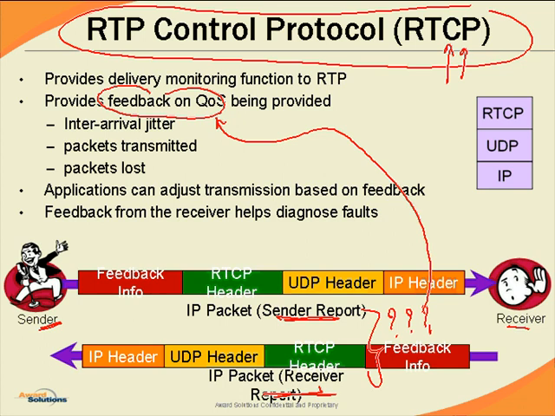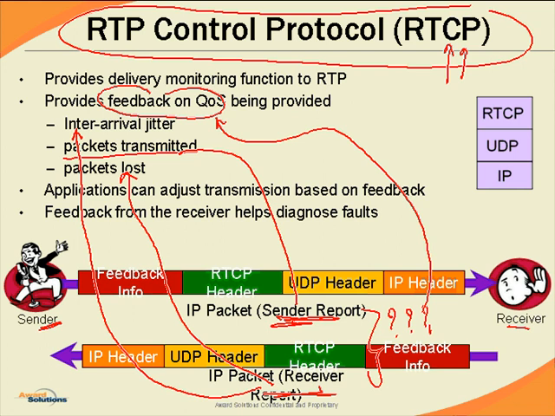For example, the sender would say how many packets it has transmitted. The receiver would say how many packets got lost. What is the difference in arrival of various packets, that is the jitter. So all those things are present in the report, and accordingly maybe in future we can change the parameters.